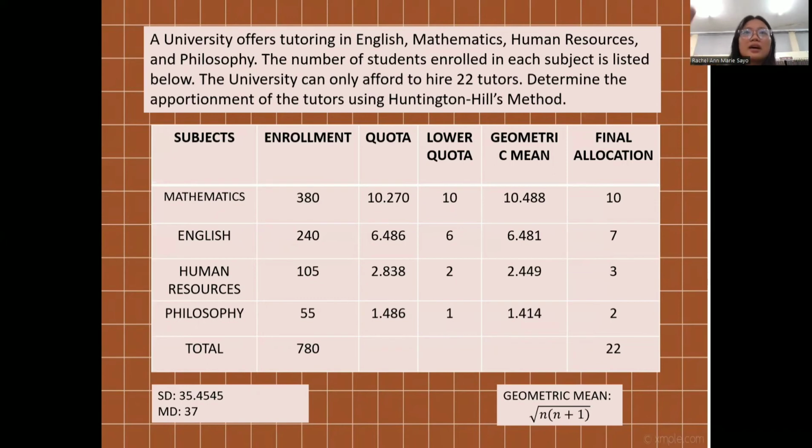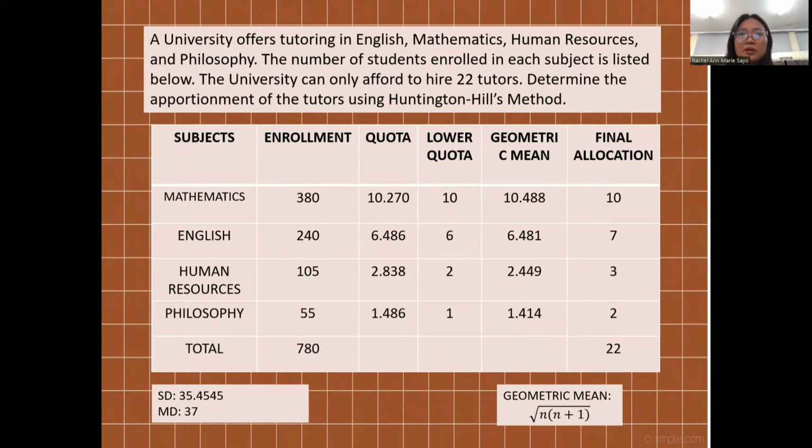The lower quota is 10. Why 10? Because the quota shows 10.270. In English 6.486, making it 6. 2.838 making it 2. And lastly 1.486 having it as 1.